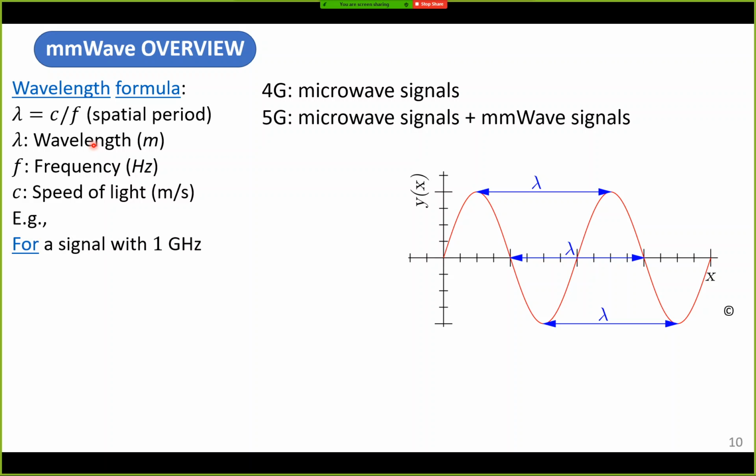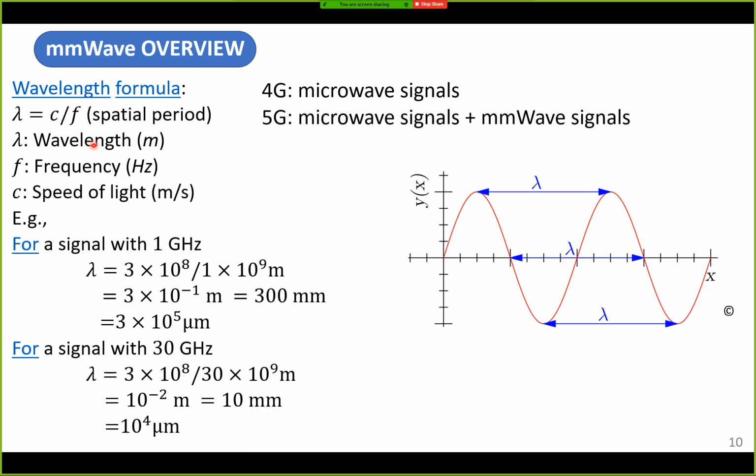So if you talk about 3-4G signals, we have 800 MHz, 1.8 GHz, 2.1 GHz frequencies. If you talk about 5G networks, we talk about 30 GHz ranges. So when we look at the wavelengths of these both signals, we see that the wavelengths are in the order of millimeters.